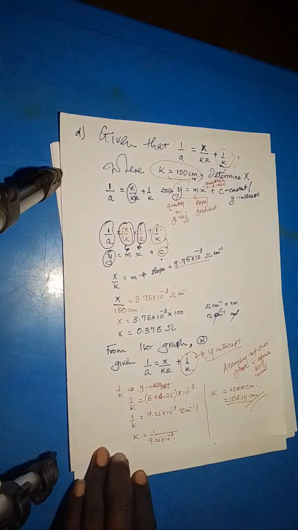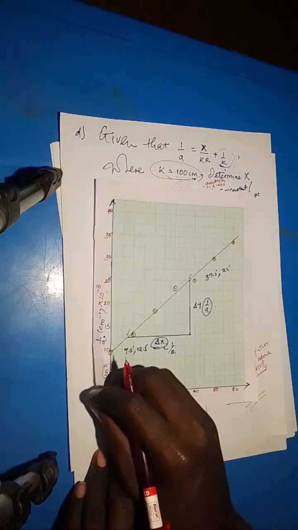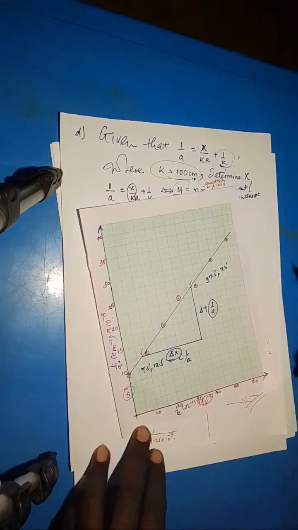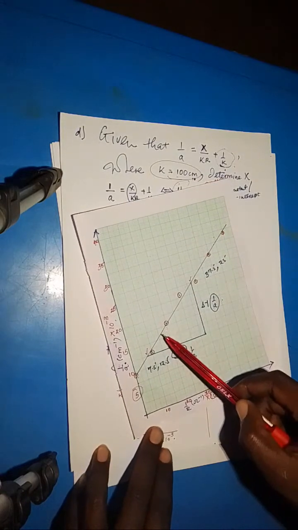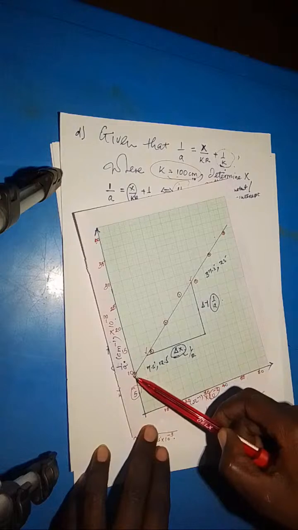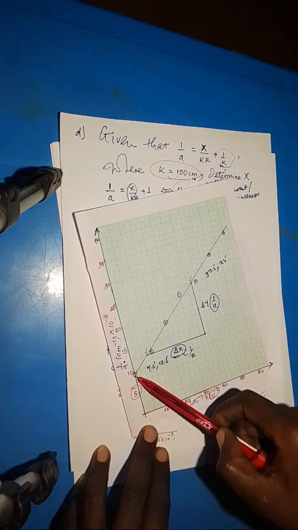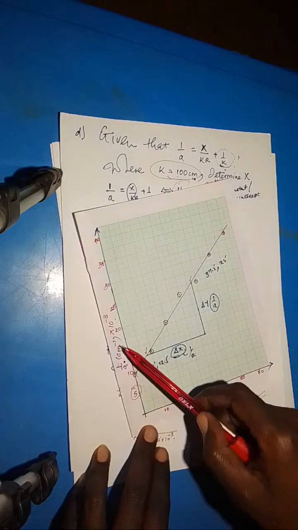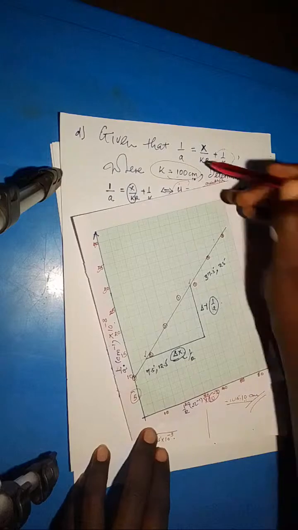The accuracy of our graph is over 80%. So it is like they mean that this y-intercept could have cut at exactly 10 raised to power negative 3, which could have given us 100.